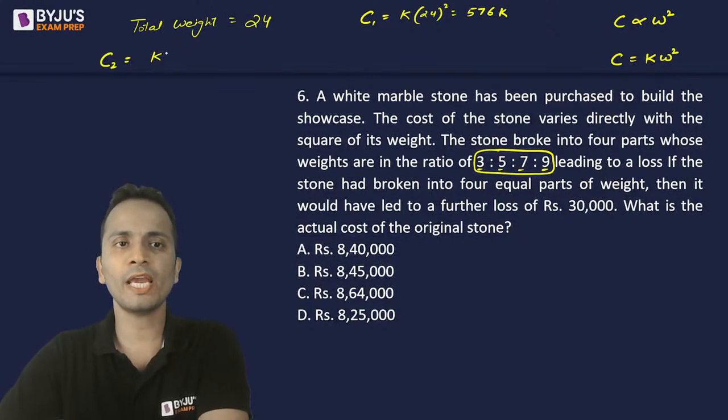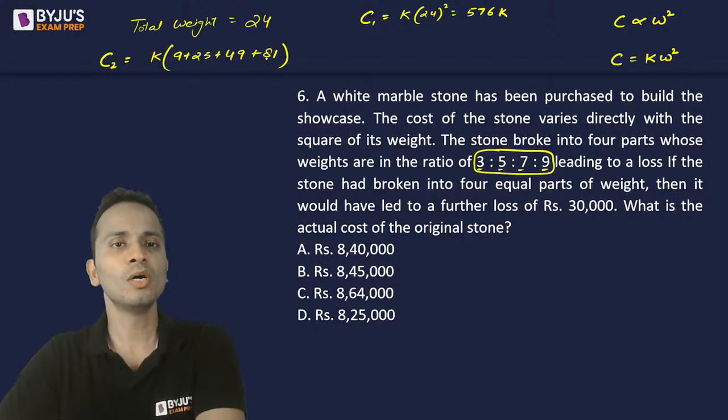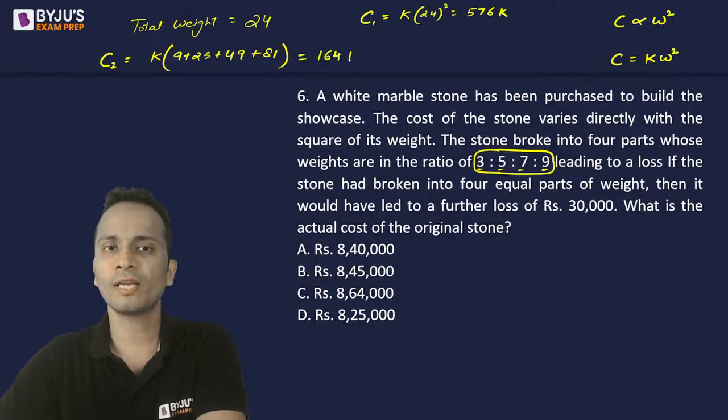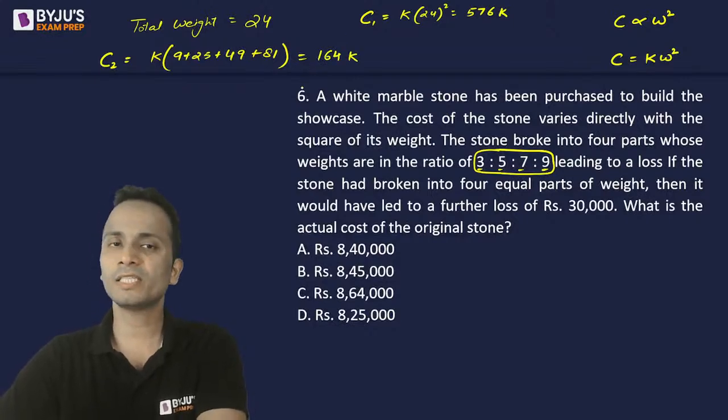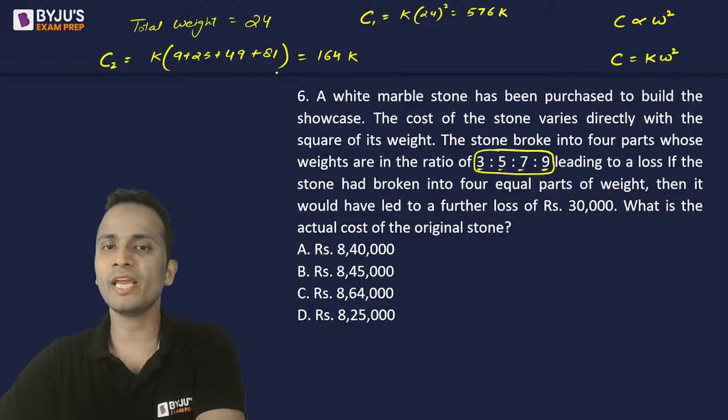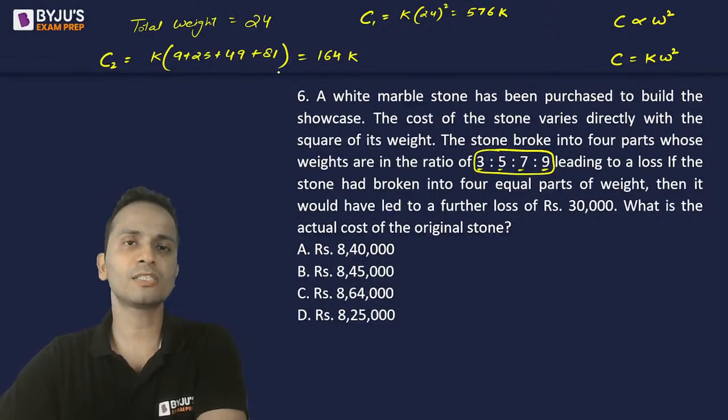Okay, so K bracket 9 plus 25 plus 49 plus 81. All right. So 130, 140, 150, 164. So 164K, right? This is when the stone is broken into four parts whose weights are in the ratio 3, 5, 7 and 9.